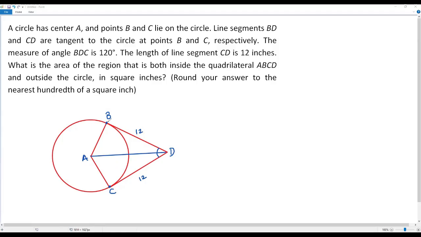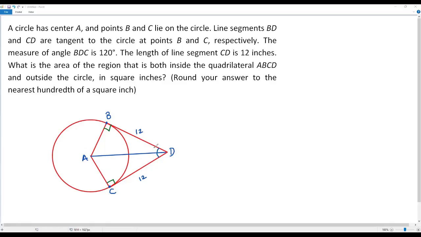Also, at the point of tangency, the angle between the radius and tangent is always a right angle. That is, here we have a right angle and here we have a right angle. And we know that the measure of angle BDC is 120 degrees. It's given in the question itself. This angle will be bisected by the line segment AD, so the 120 degree angle is divided into two equal parts.